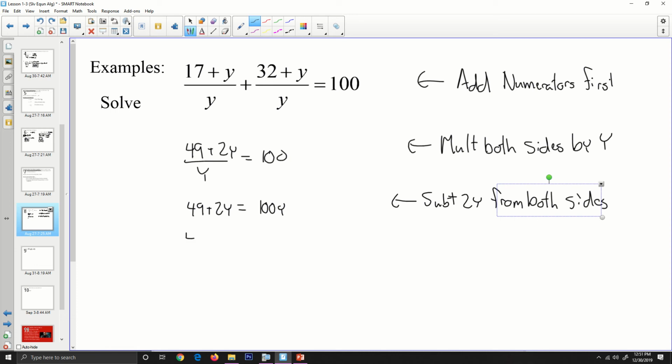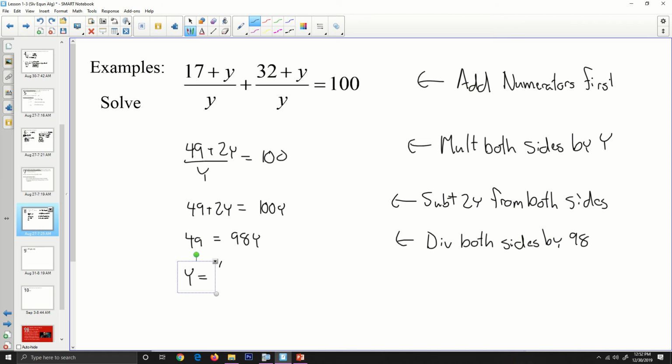And that's going to give me 49 equal to 98y. And then I'm going to divide both sides by 98. So I'll get y equal to 49 over 98, which ends up being a half, I want to say.